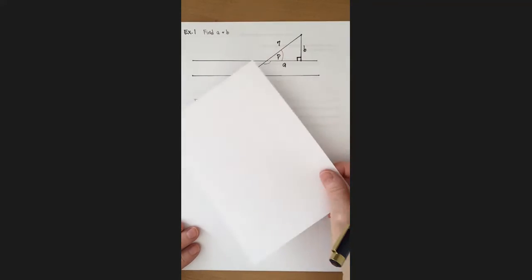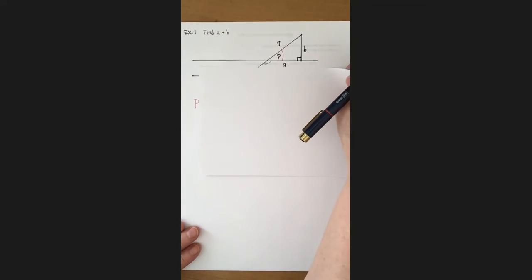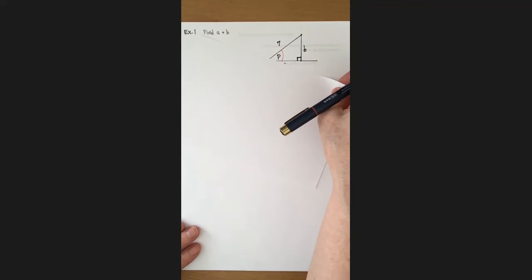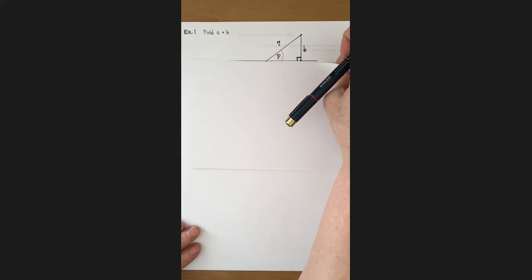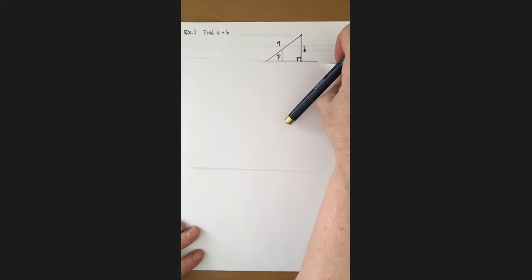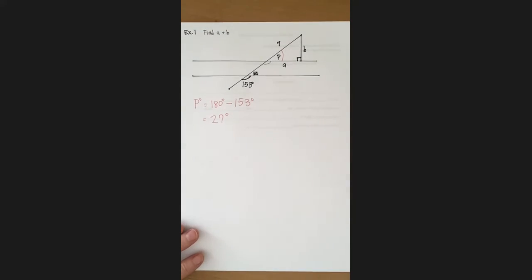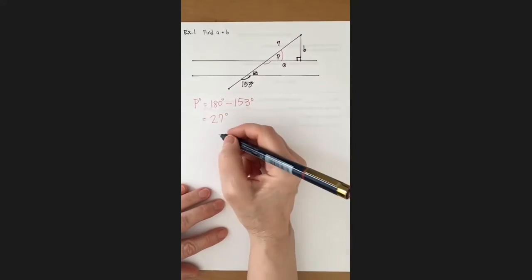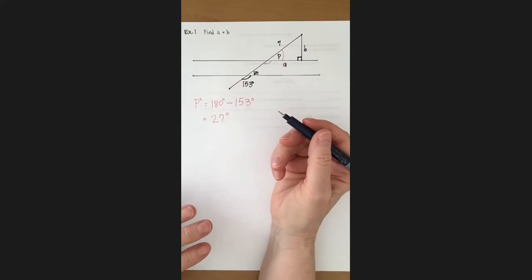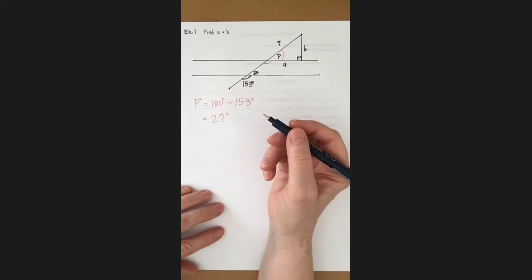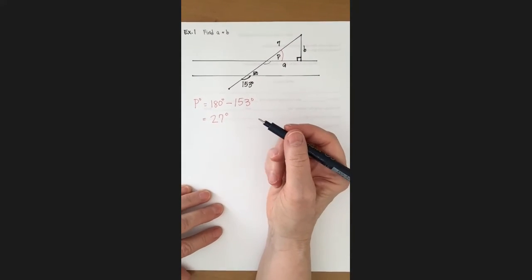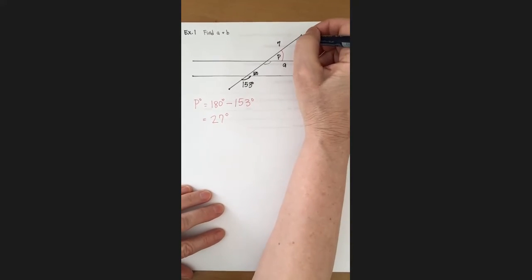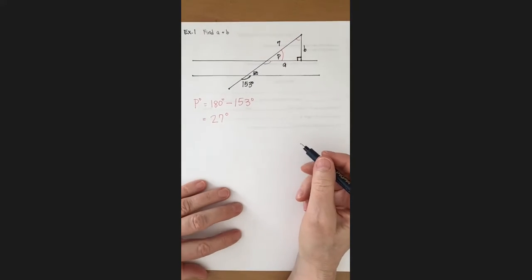And now we can cover up the rest of it and just have our right triangle. It's hard for me to do that with this card, but I kind of did it there with the card. Now this is the part of the diagram we need to find A and B. So we have angle P is 27 degrees. We don't even really need to know what the other angle is, but it's going to be the complementary angle because P plus this unknown angle are going to equal 90 degrees.